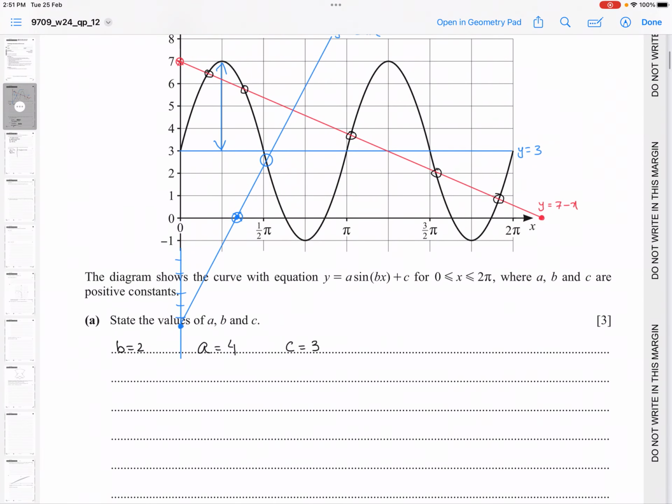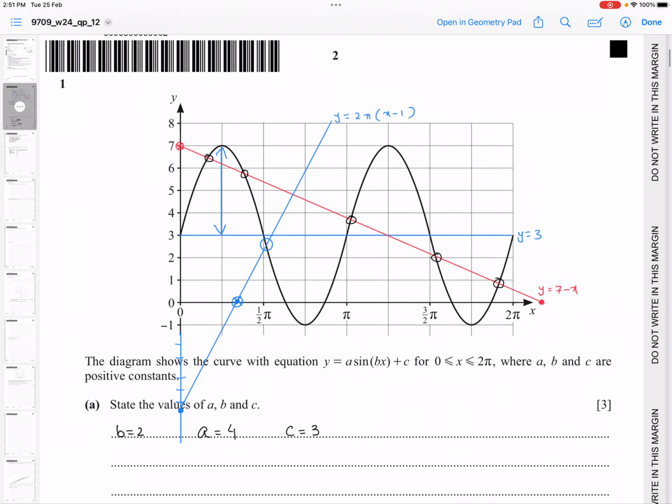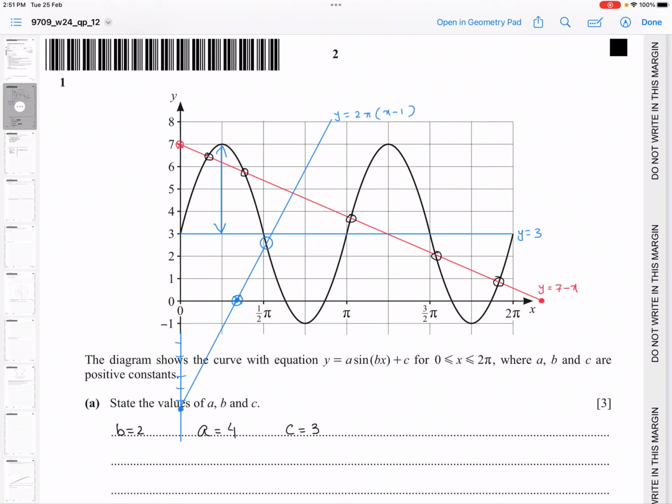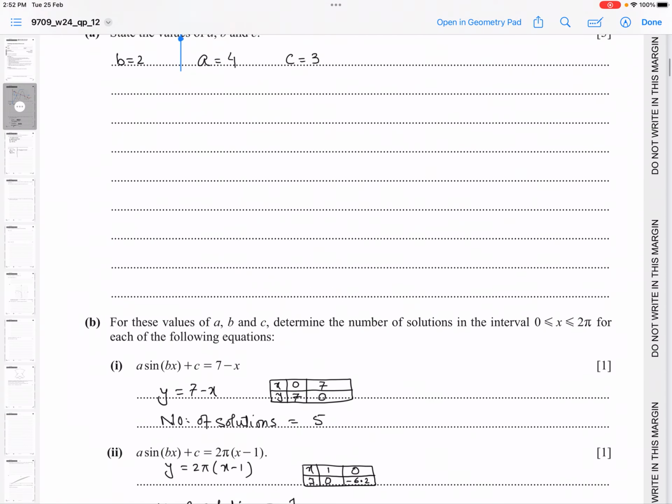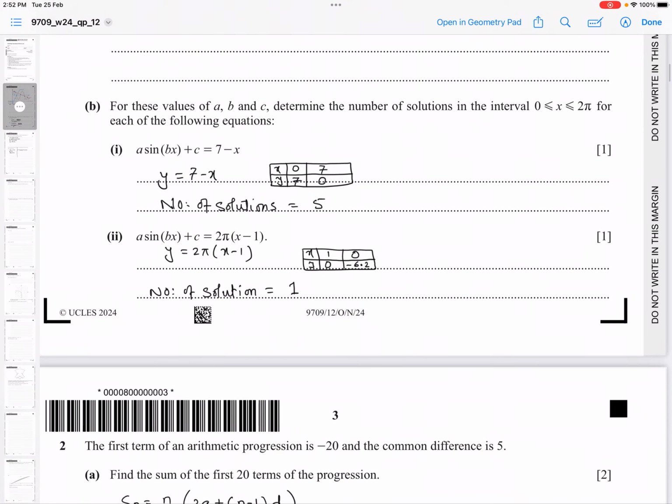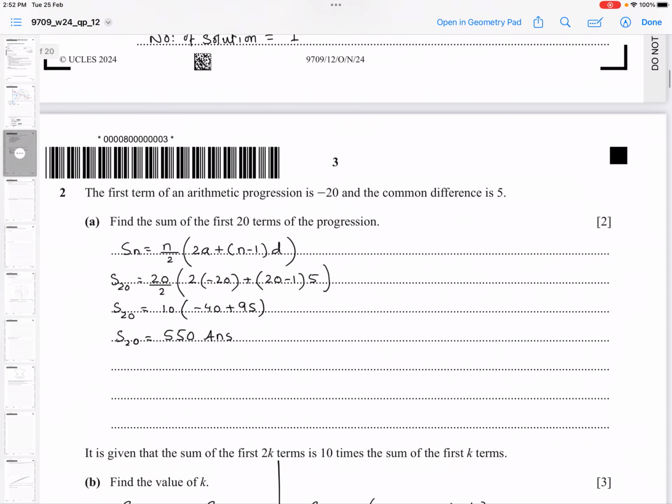I got 2 points, so I join them and draw a straight line in blue. At the end of this line I have written y equals 2 pi (x minus 1). This line crosses the sine curve, which is in black, at just one point. So the number of solutions is equal to 1. That's how our first question finishes.